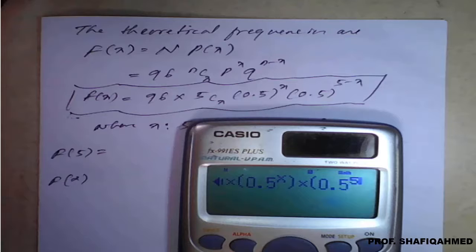I will put a bracket, 5 minus x, close the bracket, again close the bracket.